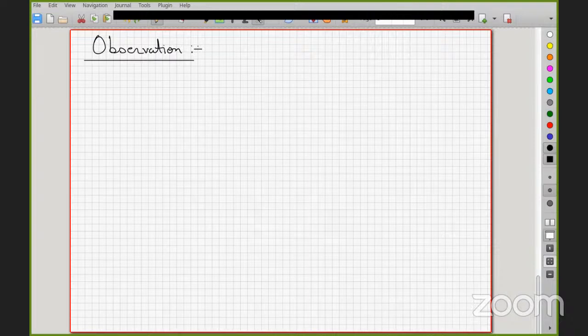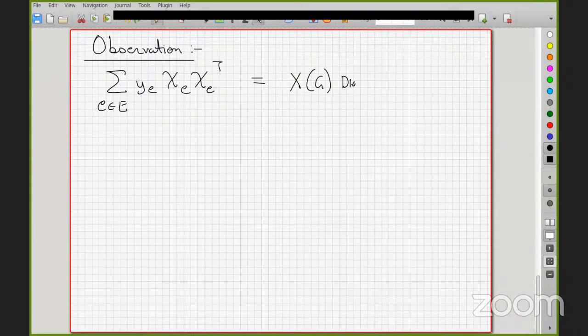is that this whole summation of y_e chi_e chi_e transpose is exactly this edge incidence matrix, which I'm calling X_G, times the diagonal matrix which has these y's, times X_G transpose.